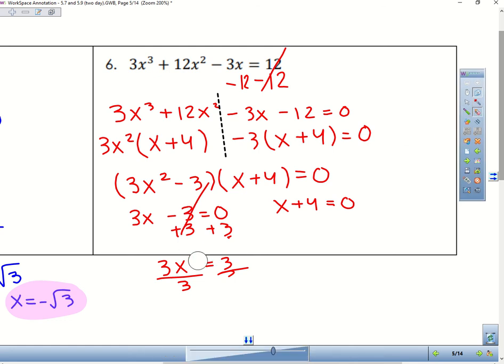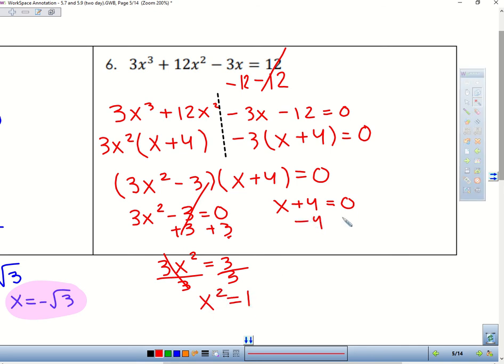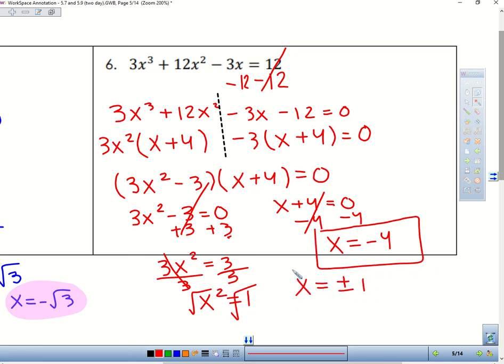I somehow changed this to a 3. It was originally a 2. Square root. We get x equals plus or minus 1, and x equals negative 4.